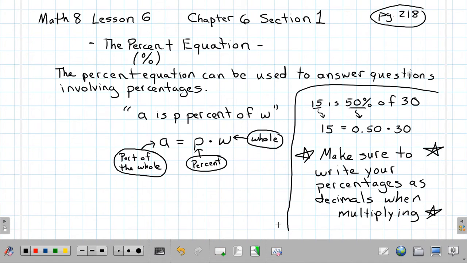Okay. So big thing here, probably the biggest thing in this section that we'll talk about, okay? Because every time that we deal with percentages going forward, whether we're talking about discounts, taxes, interest rates, okay? Anytime you plug it into an equation or into a formula and you're going to multiply or divide or anything like that with a percentage, you have to change it to a decimal, okay? So like I said, this part right here, super important.